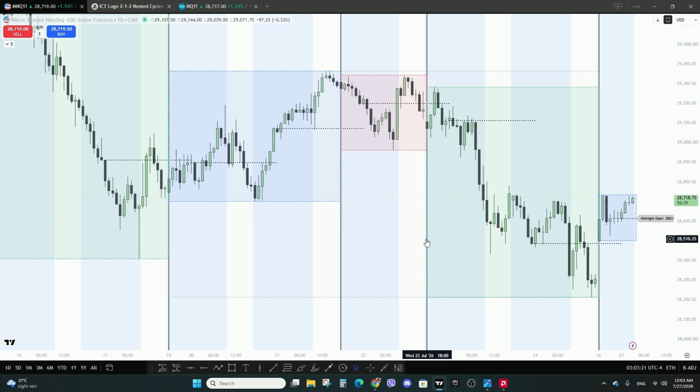Having drawn these cycles, look where the accumulation phase ends. Exactly at 6 o'clock on Tuesday. So that's when Tuesday opens. The electronic hours of Tuesday open. Look where this weekly manipulation cycle ends. It ends on Wednesday at 6 o'clock.